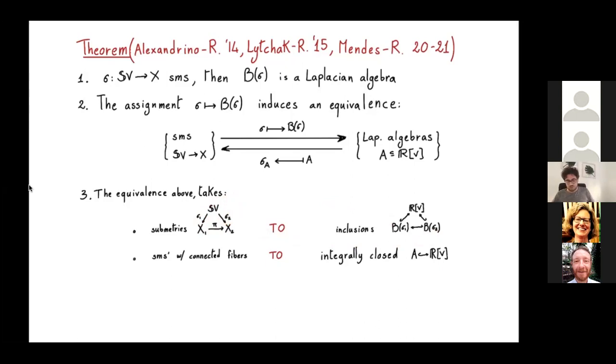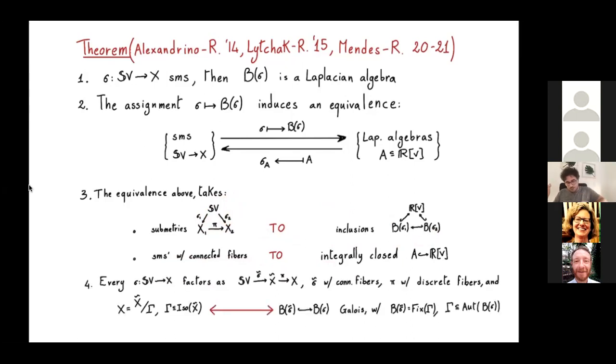It's not too hard. And then if you have a manifold submetry with connected fibers, this corresponds to an integrally closed Laplacian algebra at the algebra level.